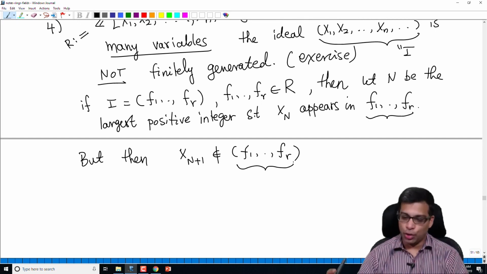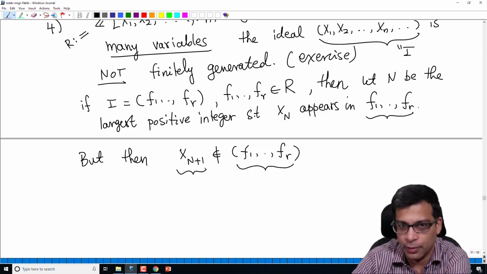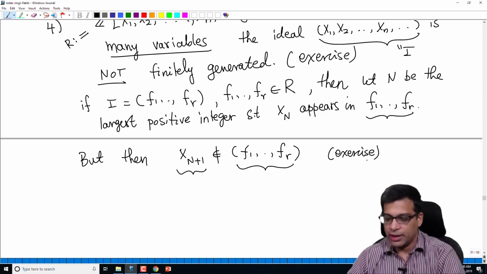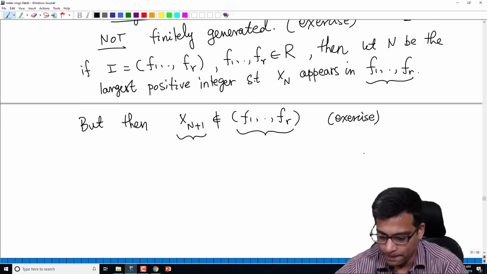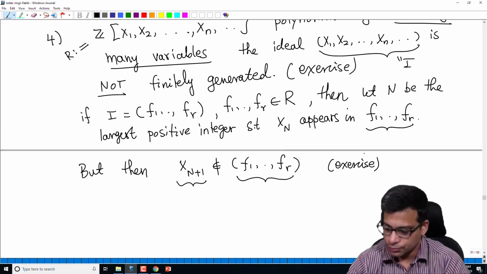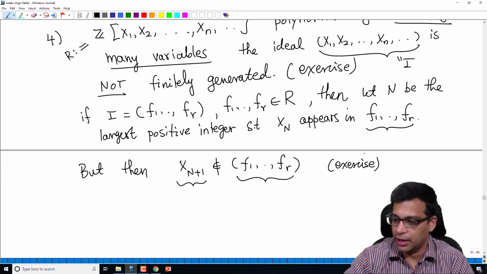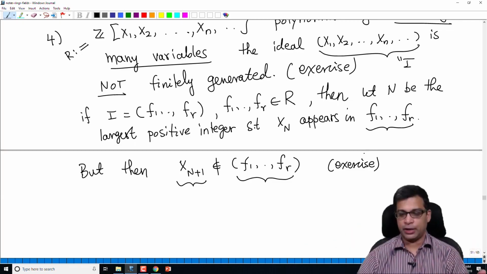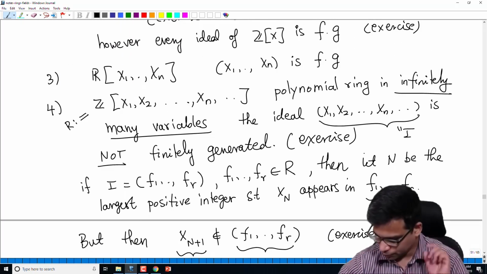Okay, you can introduce a new variable, but it cannot just be a single variable. So this last part is a somewhat subtle exercise, but I will leave that for you. It cannot be a single variable. So in other words, f1 through fr cannot generate the ideal I. However many you take, if you take only finitely many, that finite set of elements cannot generate the ideal I. So it is not finitely generated.